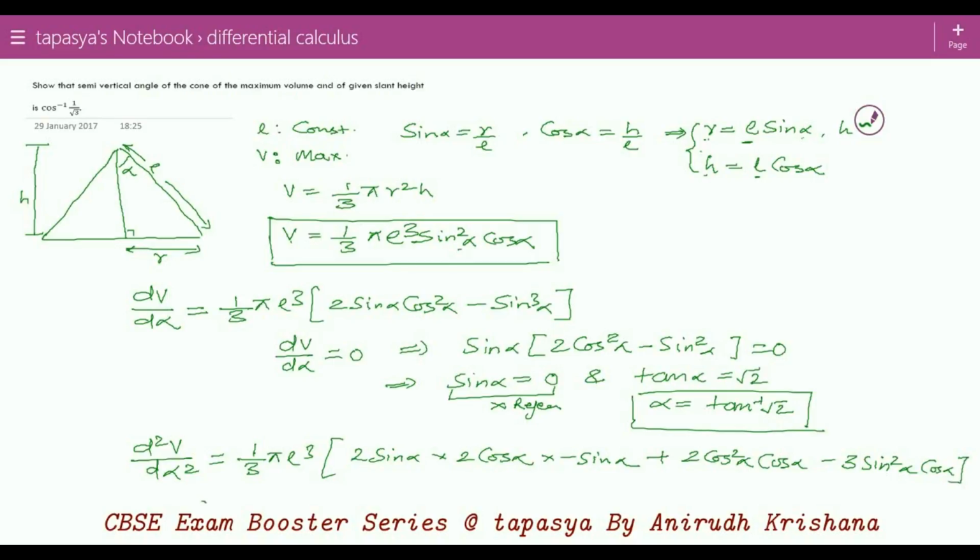If we use this value of alpha, it results in a negative value. So at alpha equals tan inverse root 2, there exists a maximum.